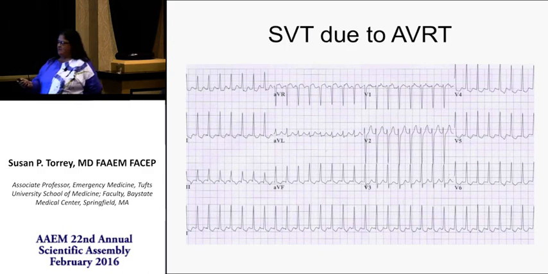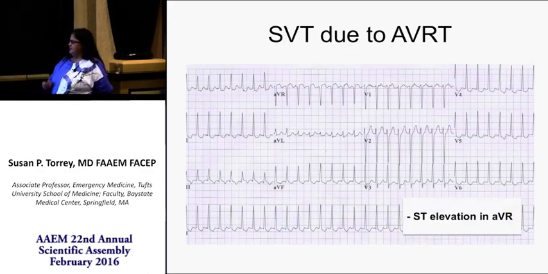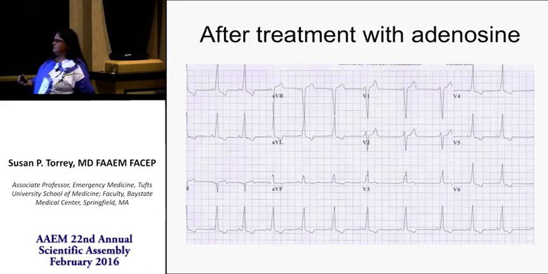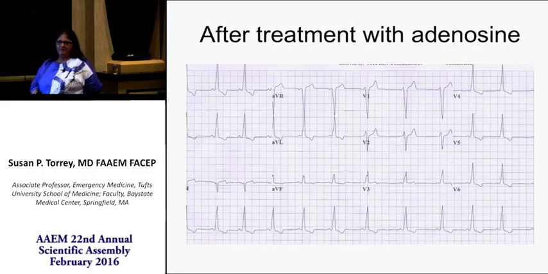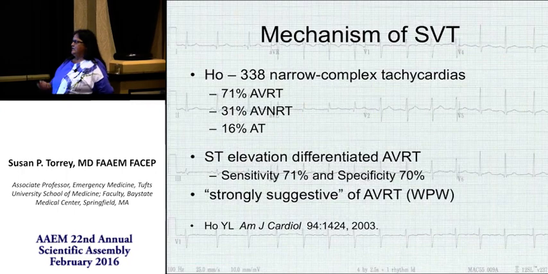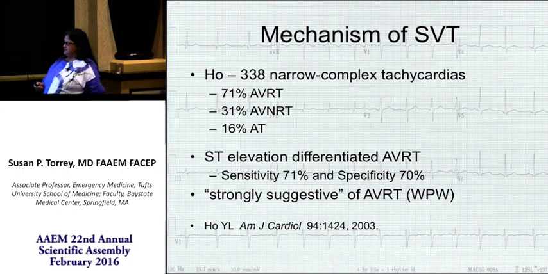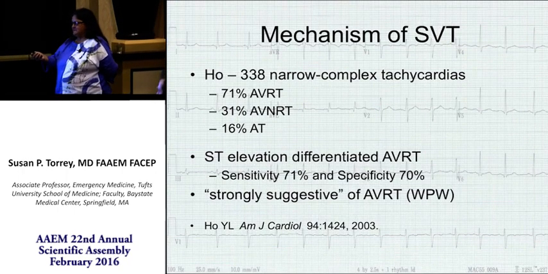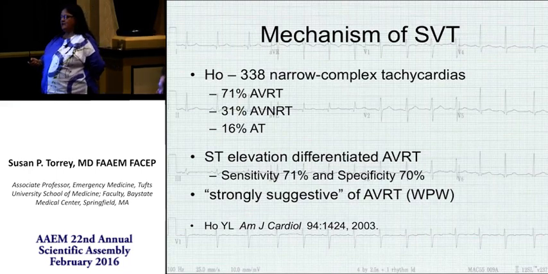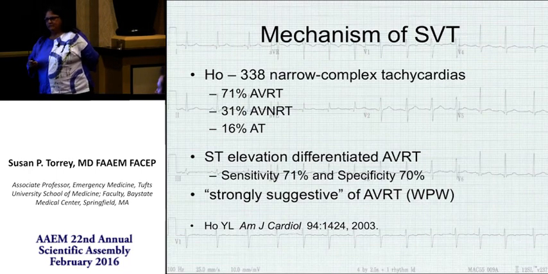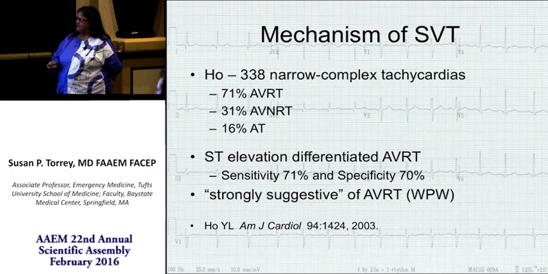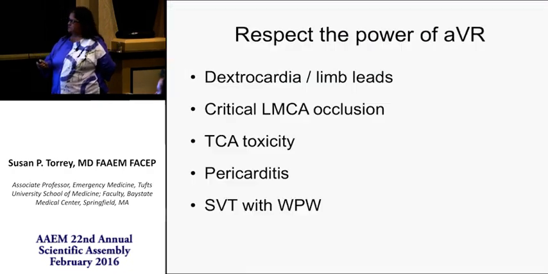You don't change management because of that, but you get some heads-up that you may end up with WPW once your conversion is done. Ho noticed this while doing EP studies. It has a 70% sensitivity and specificity. It's not management related, but it is a crowd pleaser and fun to note.